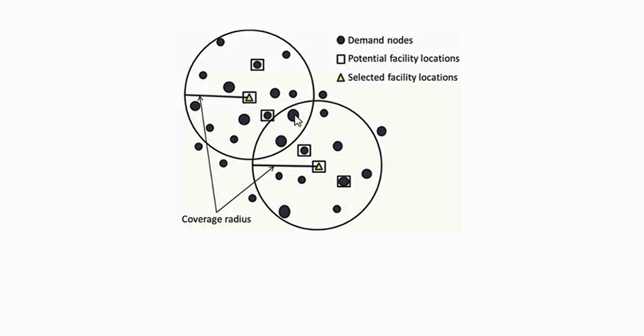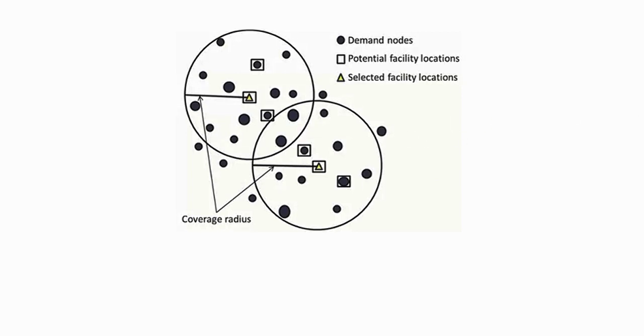So we have this illustration. We have 25 demand nodes, our I's here. We have the nodes that are covered and the nodes that are not covered. These are the ones not selected.